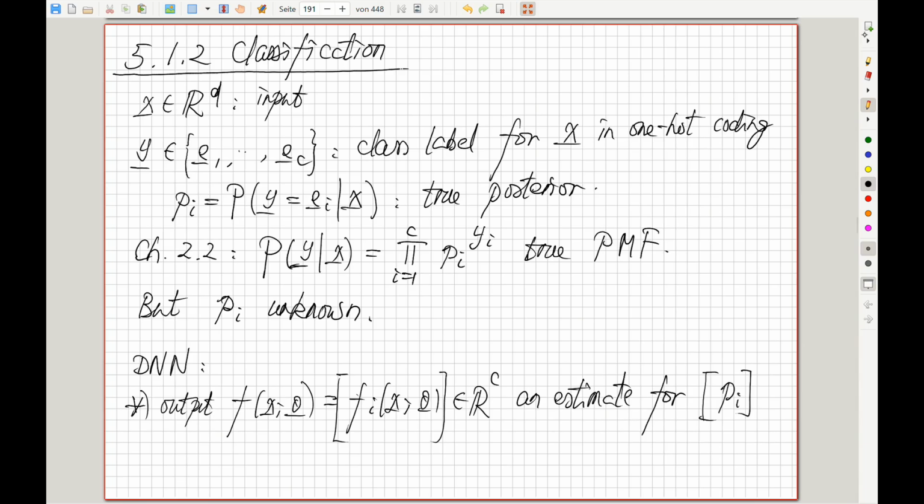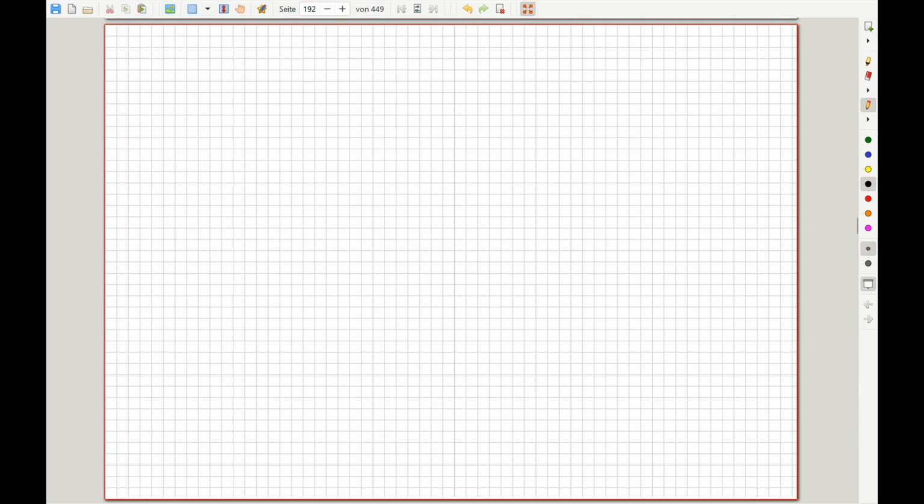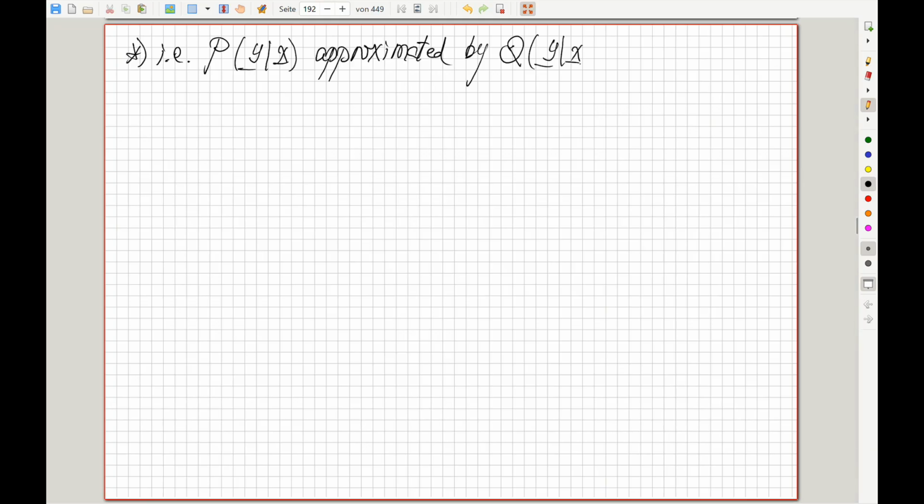So this implies we now have a formula for our approximating distribution Q. This means the unknown probability mass function we are looking for is again approximated by my neural network Q, y conditioned on x. The Q is determined by our neural network, again with the parameters.